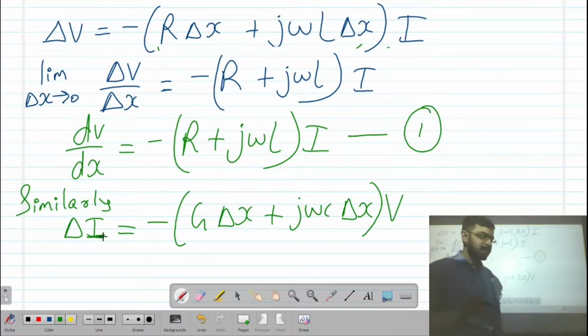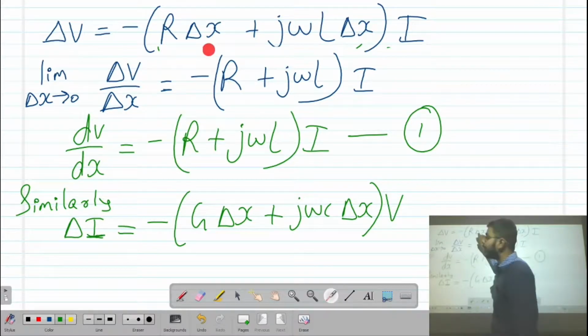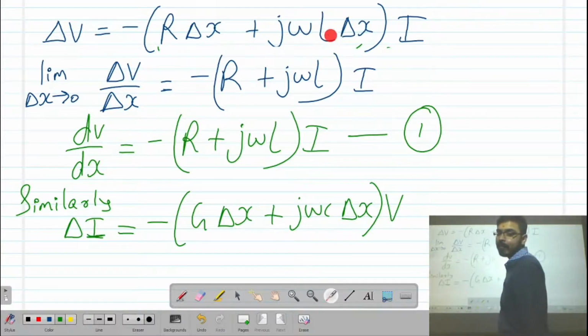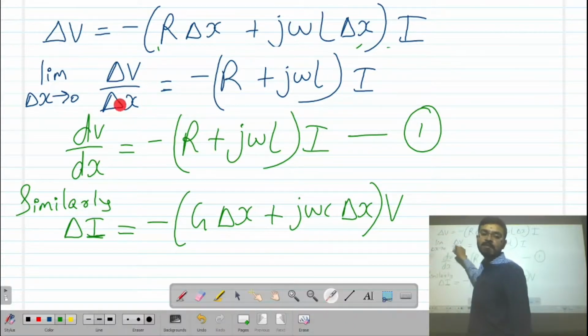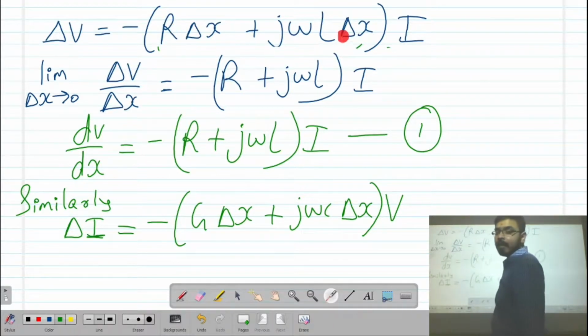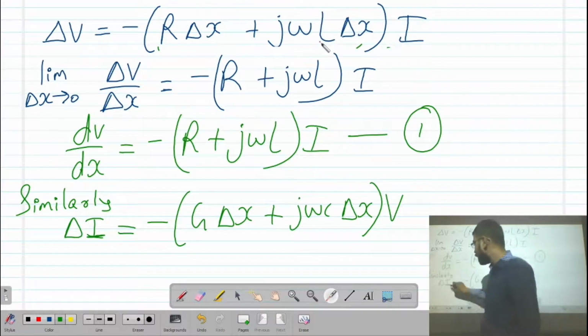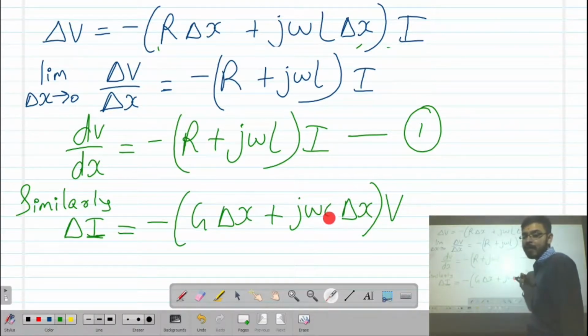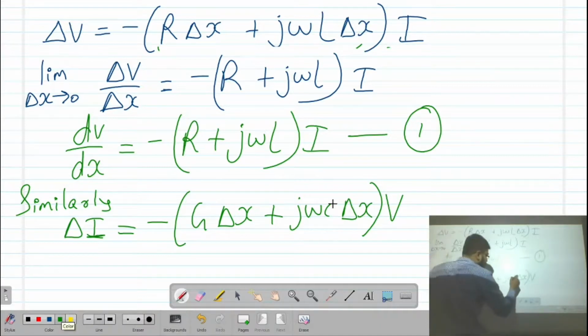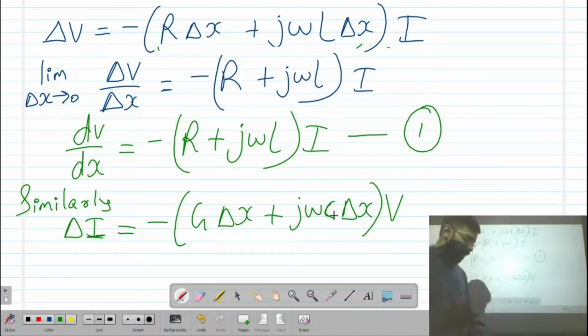The change in the voltage value will be affected by the resistor component and the inductor component. Remember, the change in the voltage value dV by dx, with respect to x length, is responsible for the resistance value and inductor value. Similarly, the change in the current value is responsible for the leakage path, the conductance and the capacitor. The current is associated with conductance and capacitor value.